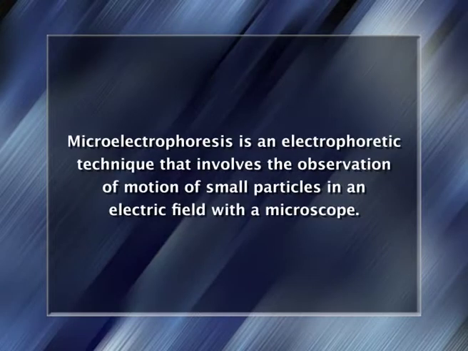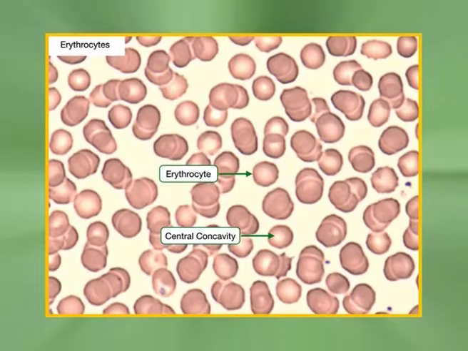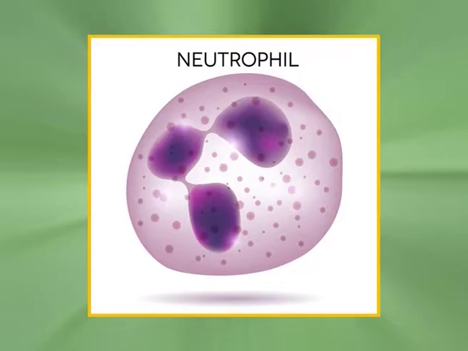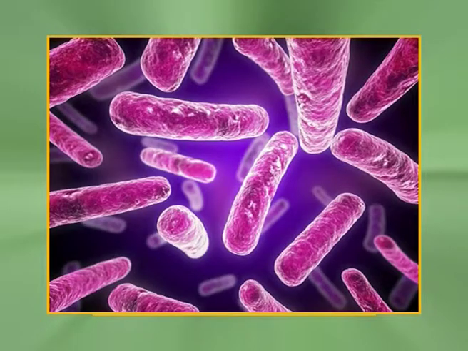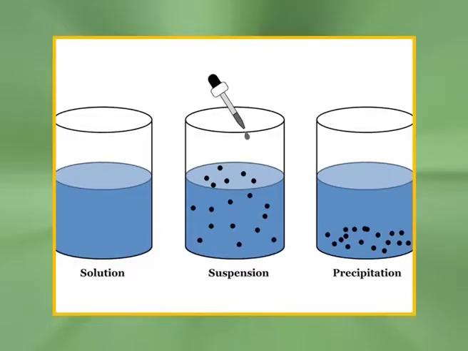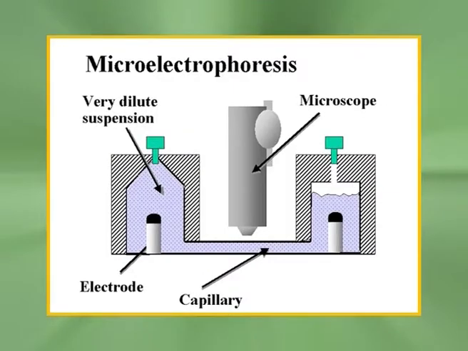Microelectrophoresis is an electrophoretic technique that involves the observation of motion of small particles in an electric field with a microscope, such as RBCs, neutrophils, bacteria, etc. The suspension is contained in a closed system composed of a thin-walled section for optical observations and of suitable electrode compartments.